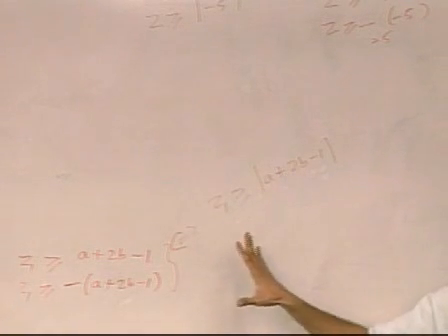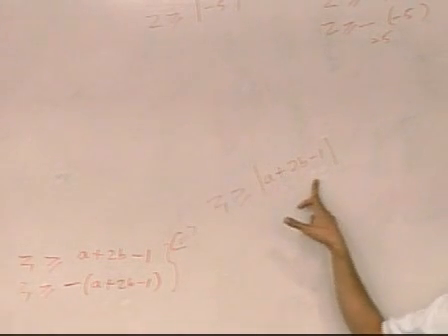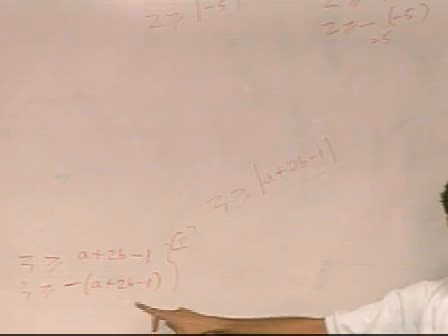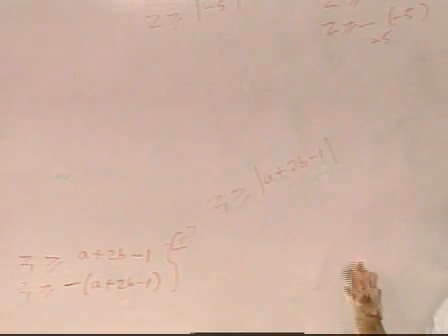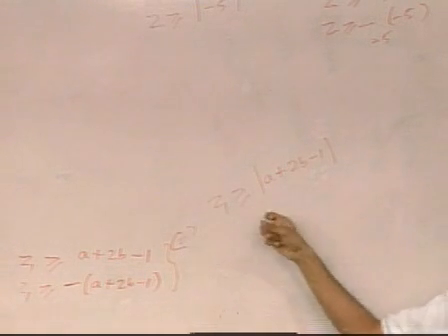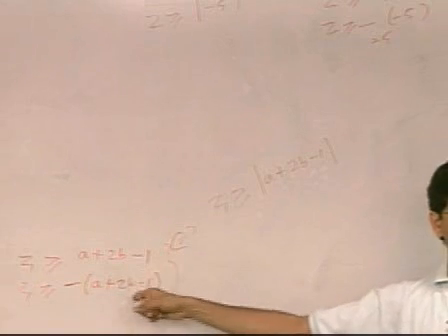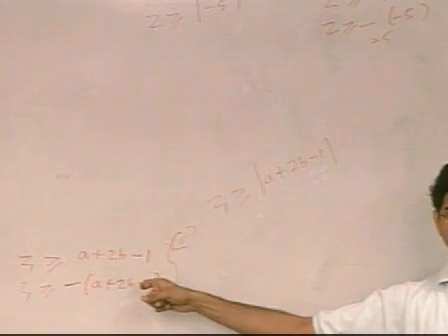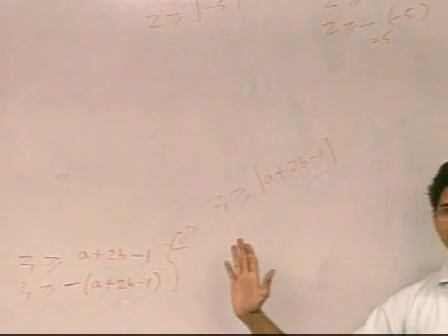That's the key: that I can write a nonlinear constraint by a pair of linear constraints in this simple case. So if I had a constraint like this, I could always replace it by a pair of these linear constraints. Is everyone comfortable with that?